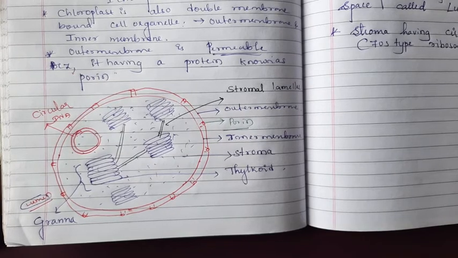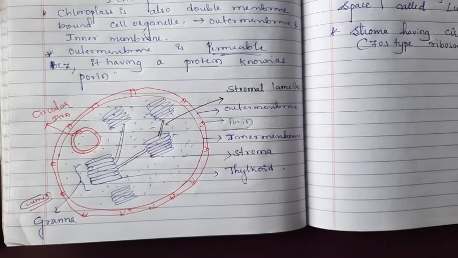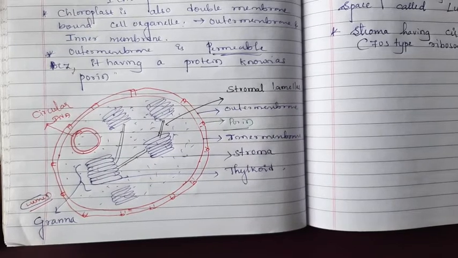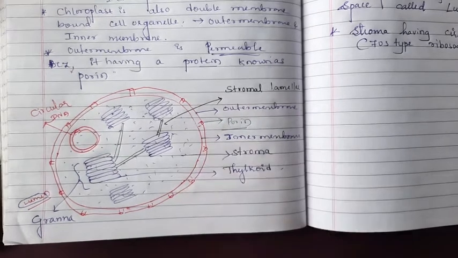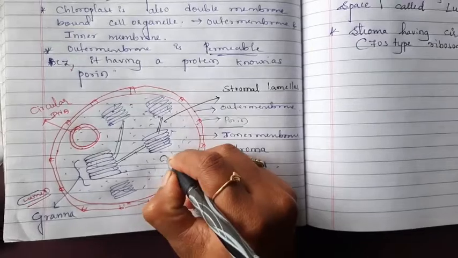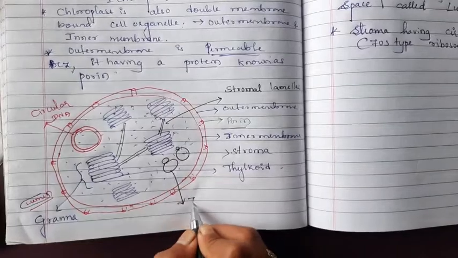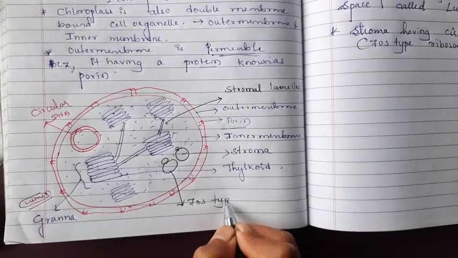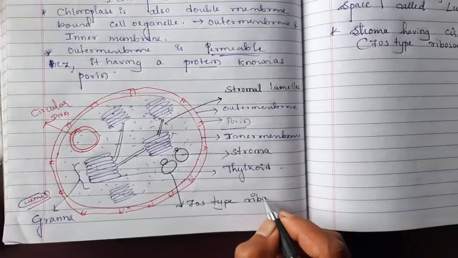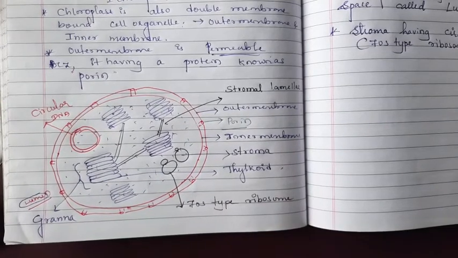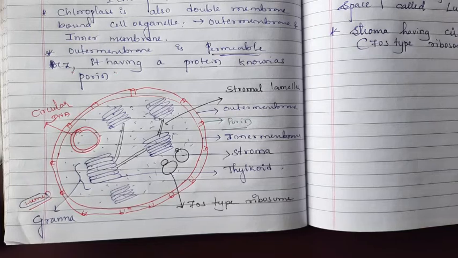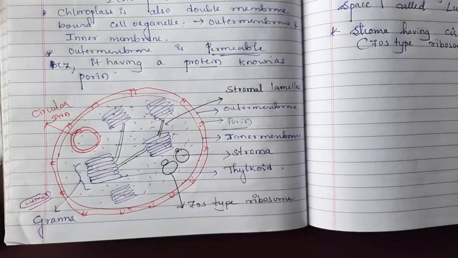In prokaryotic cells, 70S type, and even in eukaryotic cell organelles, especially mitochondria and chloroplast, have 70S type of ribosome. Let me draw the ribosome here. This one is the 70S type ribosome. Okay, remember the types of ribosome in eukaryotic and prokaryotic cells.